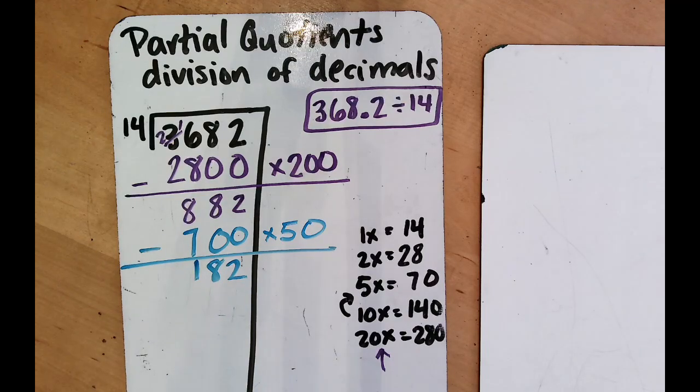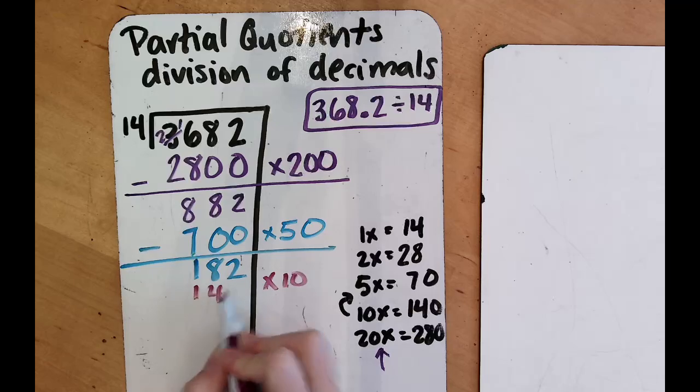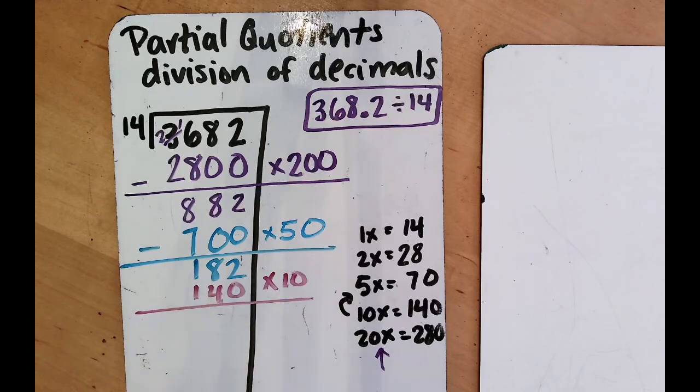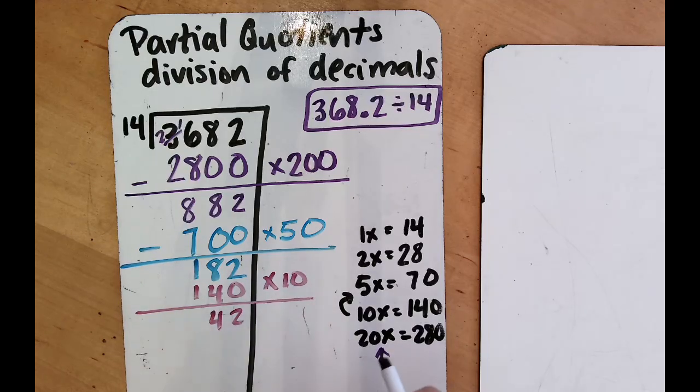Okay, we need to keep on going. We still got some more numbers to solve. I have 182. 280 won't fit. 140 will fit. Let's do 140. And that's times 10. Alrighty, I'm going to do some subtraction here. I have 42.